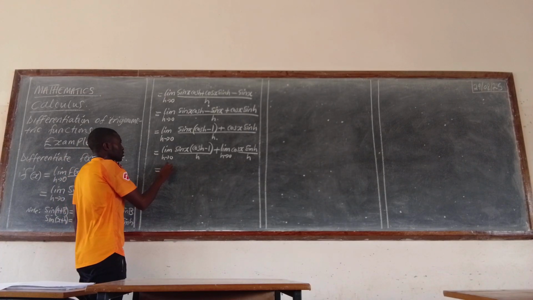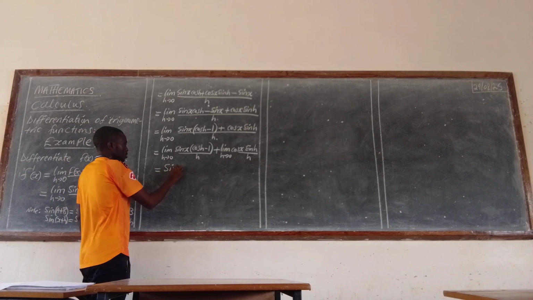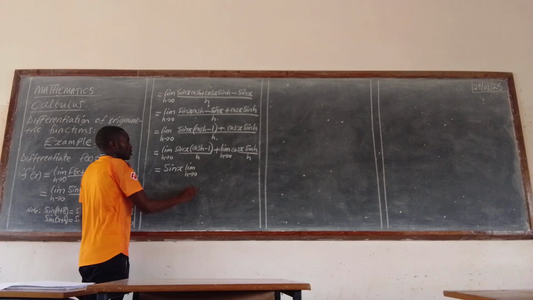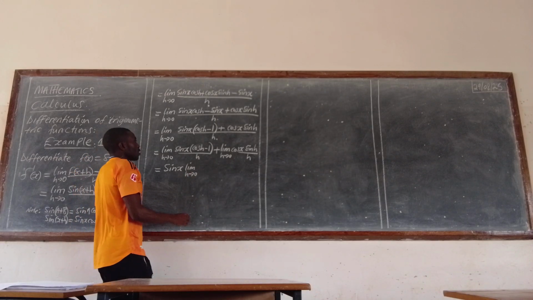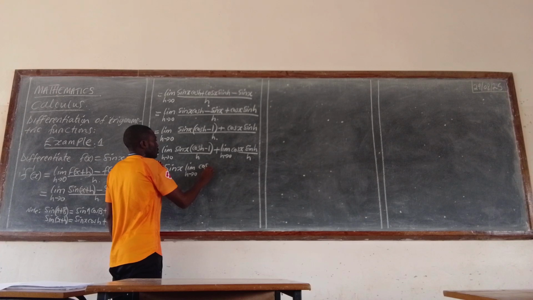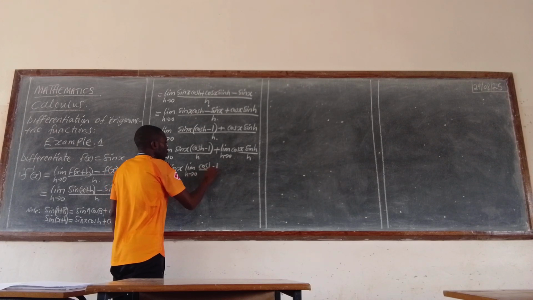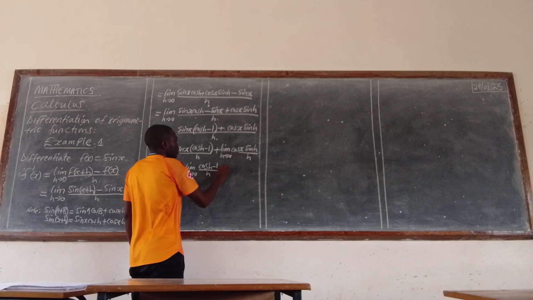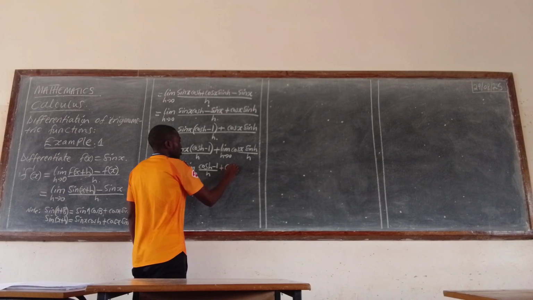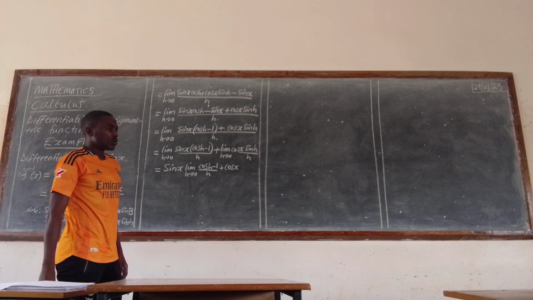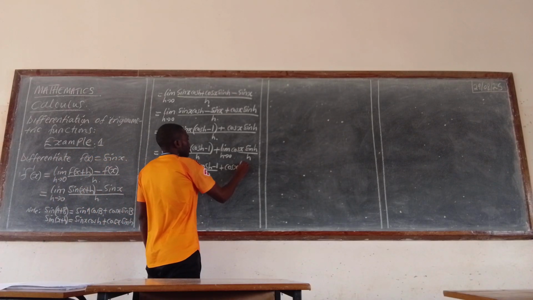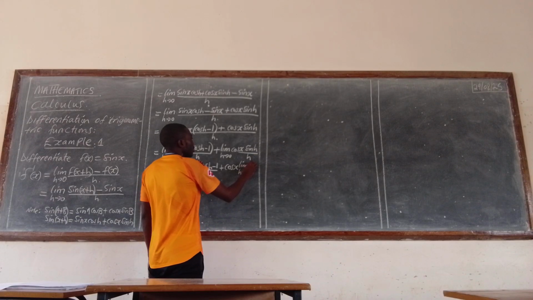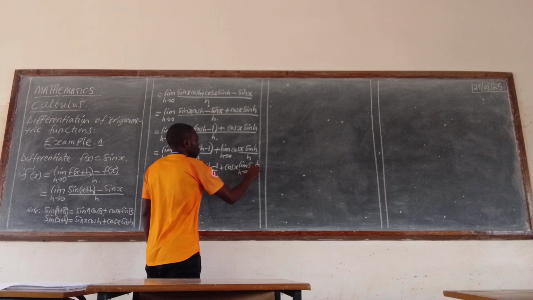So we factor this out: sine x, the limit as h approaches 0 of cos h minus 1 divided by h, plus we factor out the cos x here, it has no h as well, then the limit as h approaches 0 of sine h divided by h.